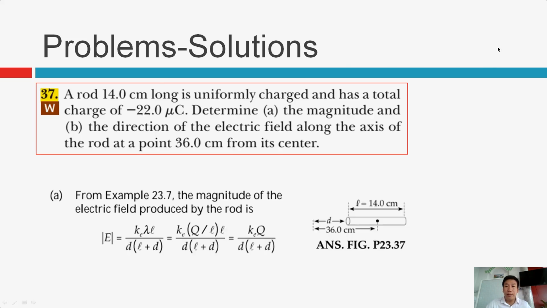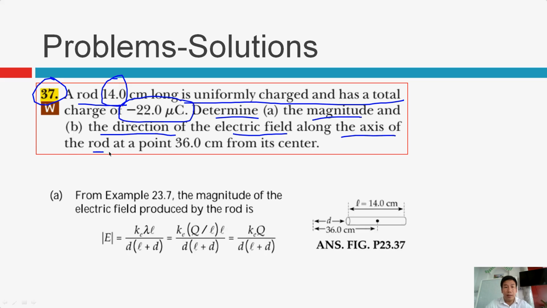That is problem 7. You have a rod of length L with uniformly distributed charge, total charge minus 22 microcoulomb. They ask to determine the magnitude and direction of the electric field along the axis, and they give us the distance here.